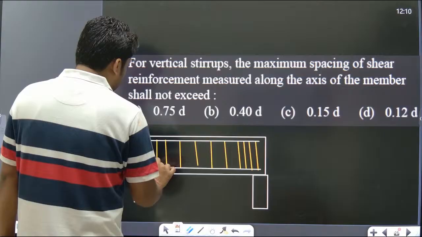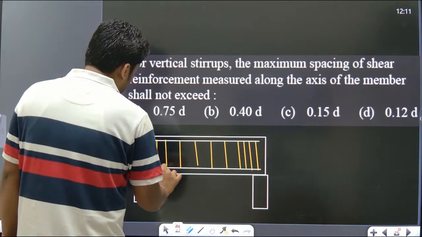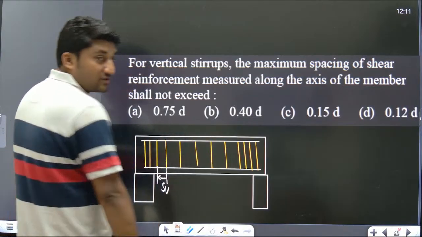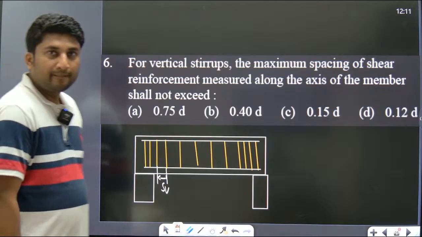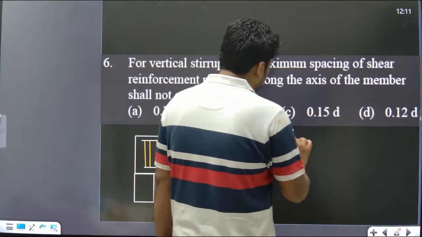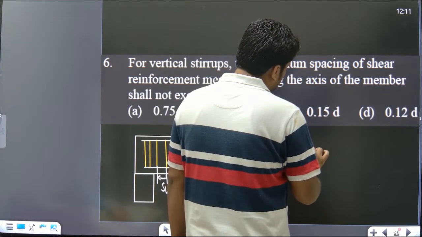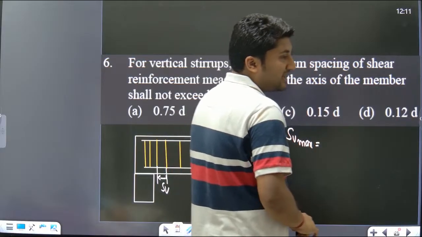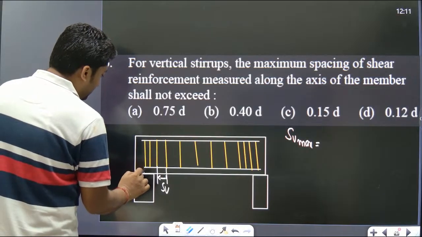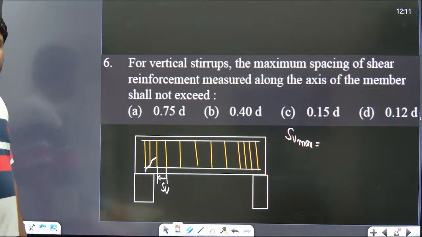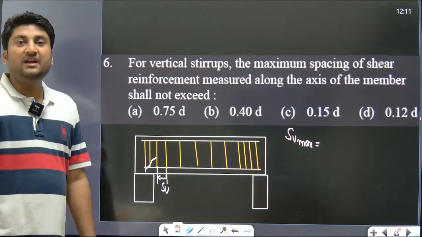Let us suppose the spacing between the stirrups is SV, so the maximum spacing SV maximum. We assume that the length of the crack is D. At least there should be one stirrup within the length of the crack.